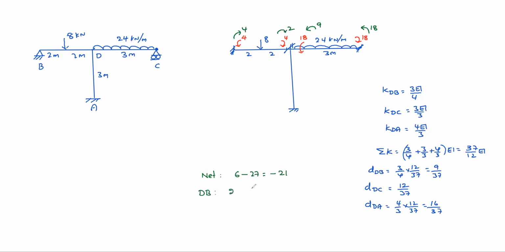So how much moment should be transferred to DB? 21 multiplied by 9 by 37. What about DC? 21 multiplied by 12 by 37. DA, 21 multiplied by 16 by 37. Tell me these values. 5.10.